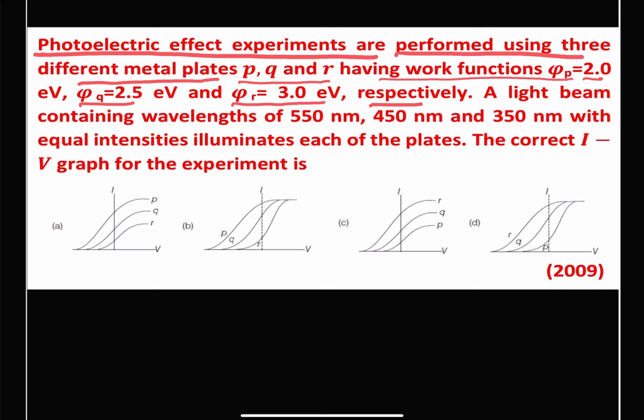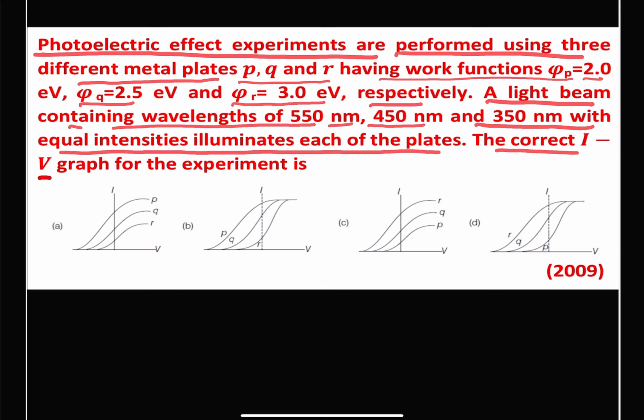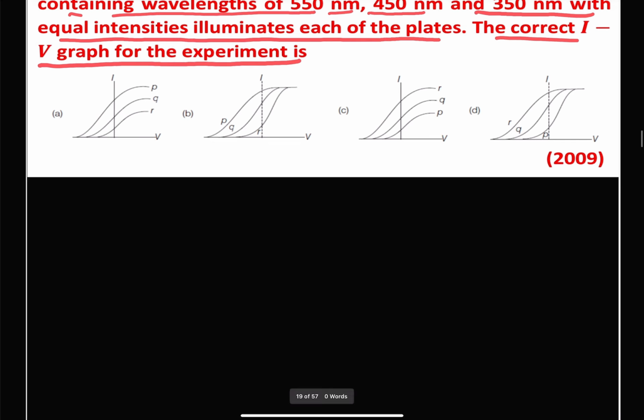A light beam containing wavelengths 550 nanometer, 450 nanometer and 350 nanometer with equal intensity illuminates each of the plates. The correct I-V graph for the experiment is. So here we have three plates and they are having three different work functions.